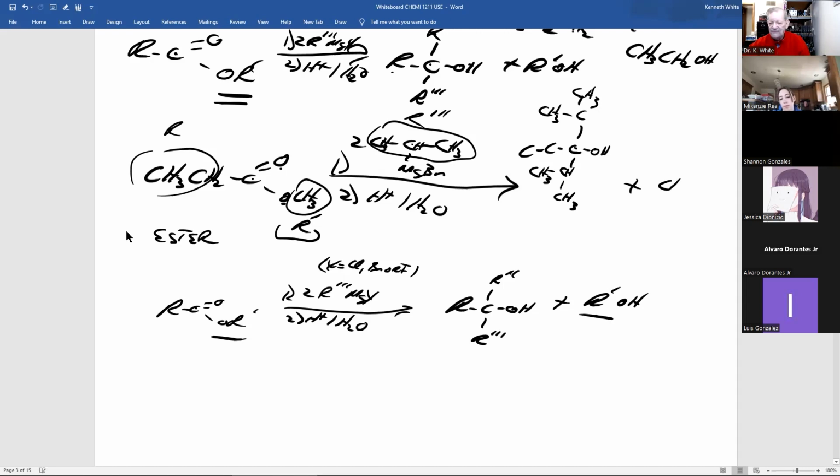R is methyl. Look at that. Is that an amazing alcohol? Really complex. And in one simple step, with a simple ester and a simple Grignard, we've made a very complex molecule. And the alcohol from the ester, R prime OH, you distill off. And that's the beauty of this reaction.